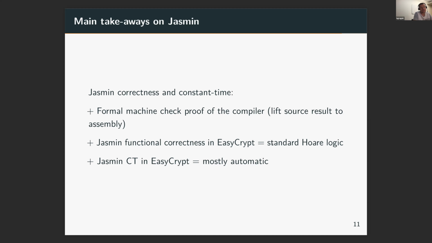And there is no chance that we can help you to prove that this will be constant time. Okay, so the automatization works, but just for programs that verify your property.